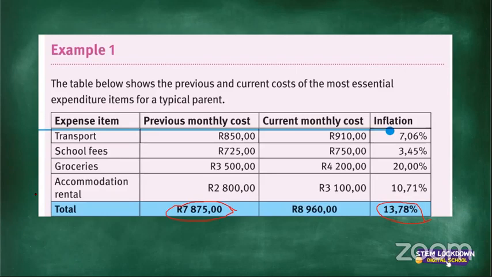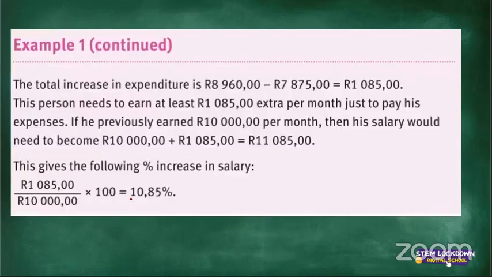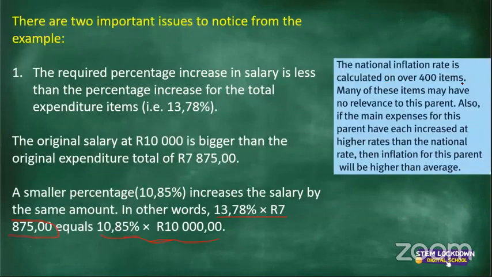The percent increase in salary. The national inflation rate is calculated on over 400 items. We discussed this, ne? Many of these items may have no relevance to this parent. Also, if the main expenses for this parent have each increased at higher rates than the national rate, then inflation for this parent will be higher than average.